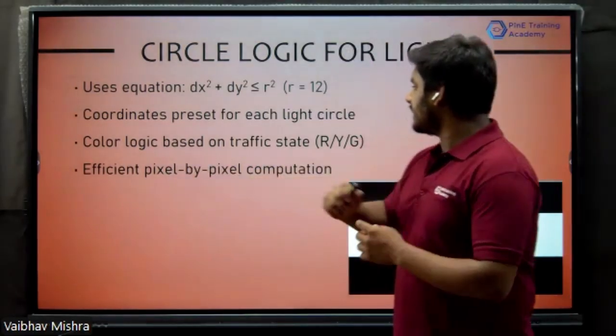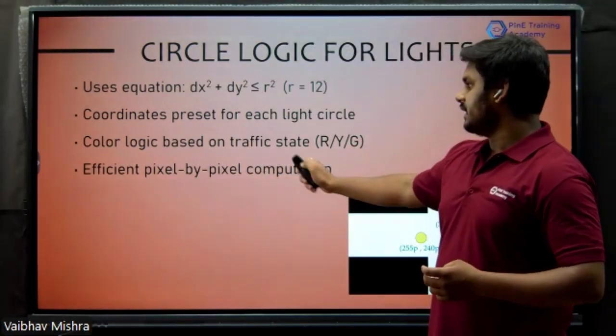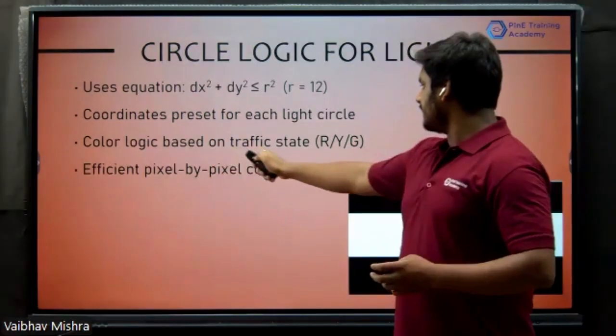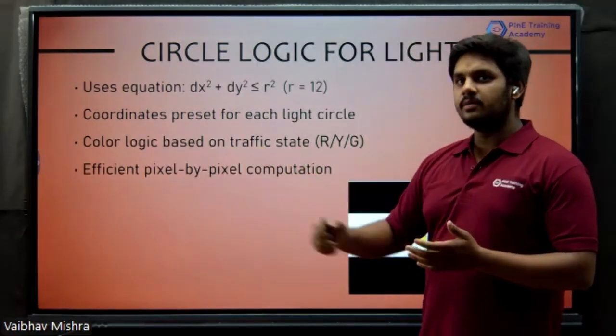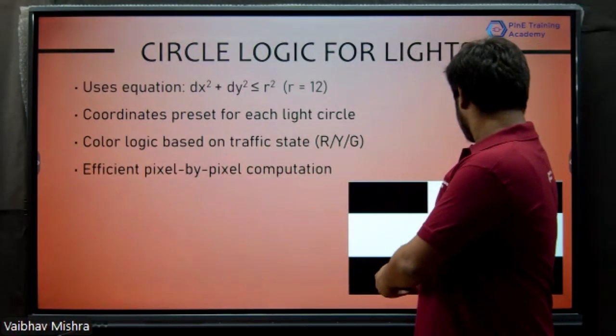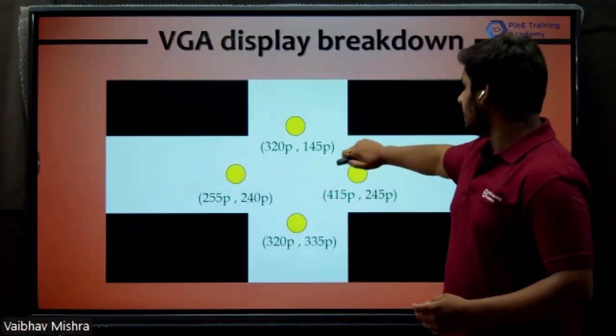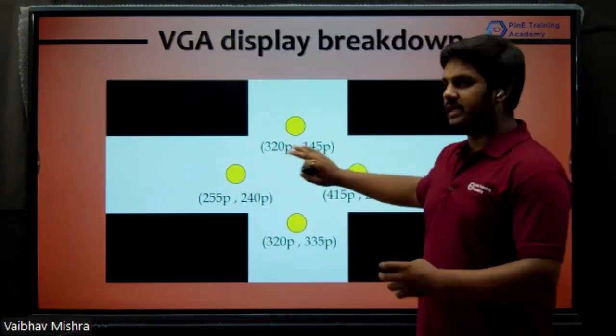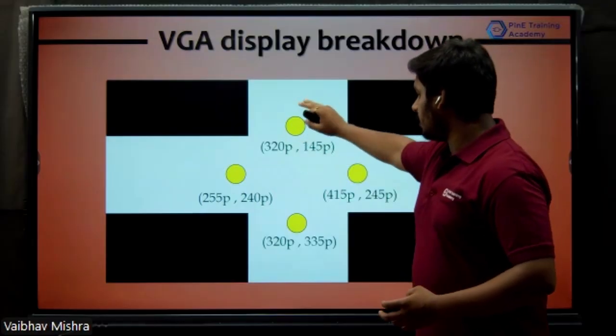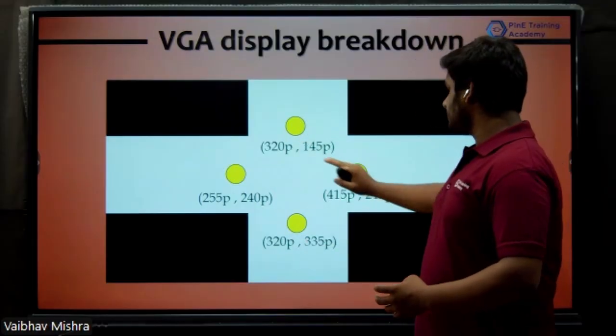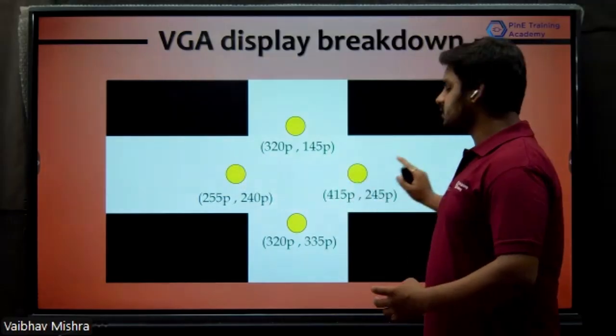Basically, it is an efficient pixel by pixel computation, and this is also color logic based on traffic state. Firstly, we draw a centroid of each circle: north at top, south at bottom, east on right, and west on left.